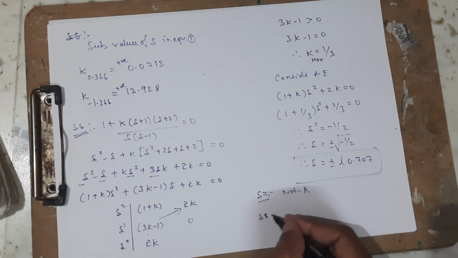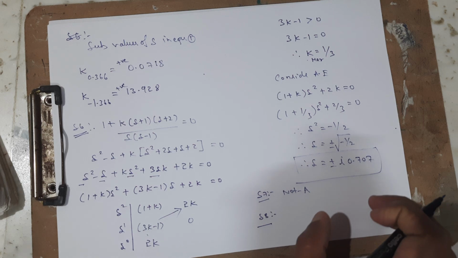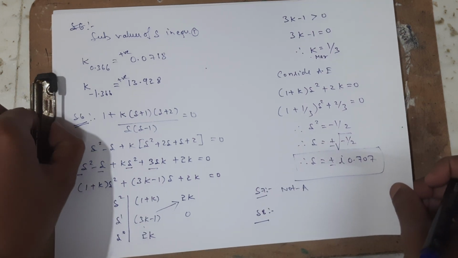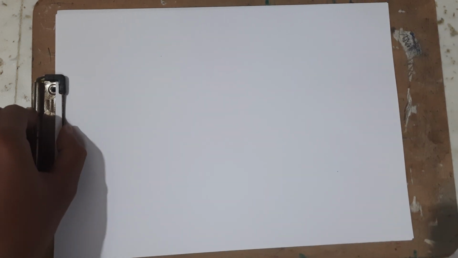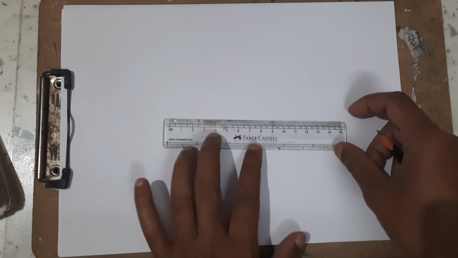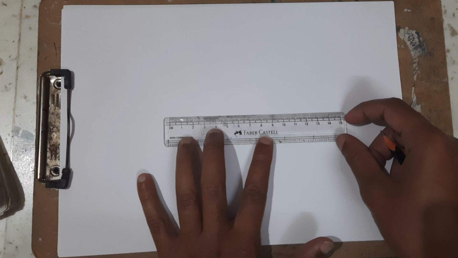Step number 8 is to write down the root locus by using the data. For that, I am going to draw the graph. With the help of a scale, I am going to draw a line.